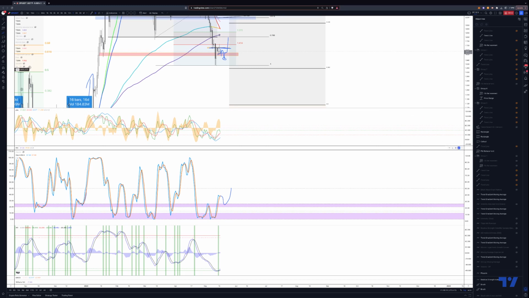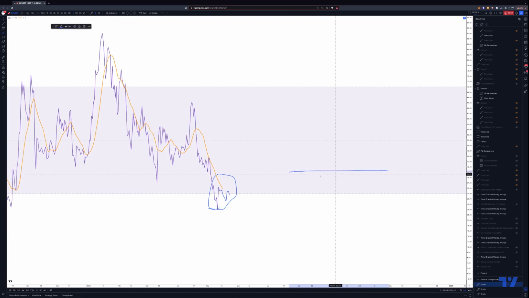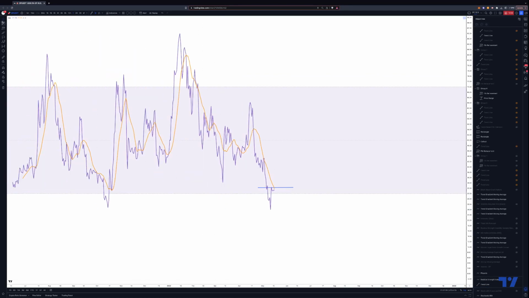No, I didn't want to do that. I actually want to maximize it. Okay, so the RSI, the formation is not really helpful. However, you can say that on the daily, the RSI, this level is going to be important. I think it lines up with what we had similar to this.